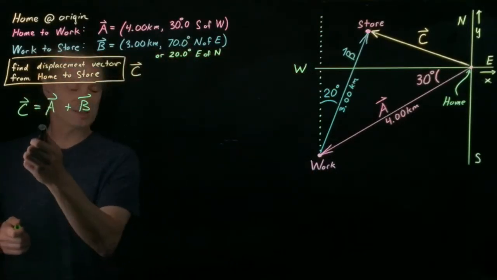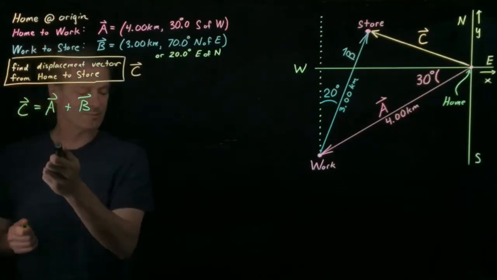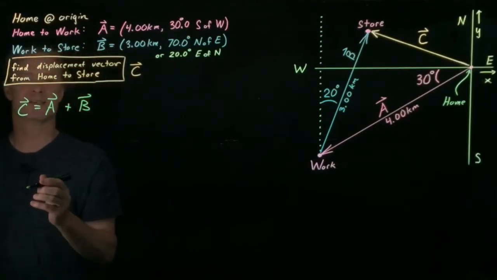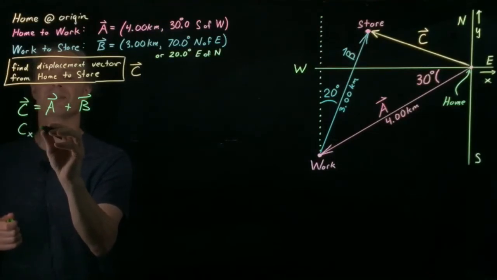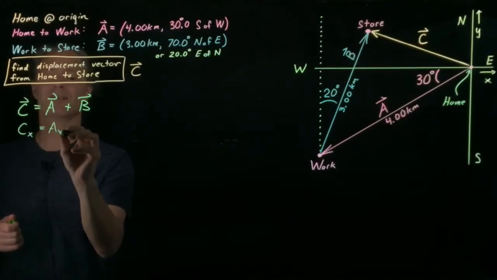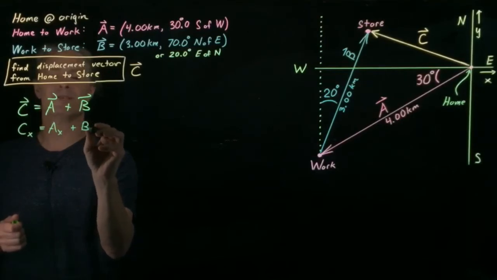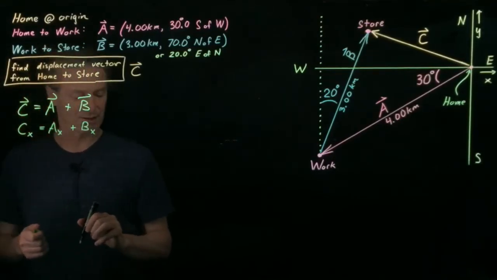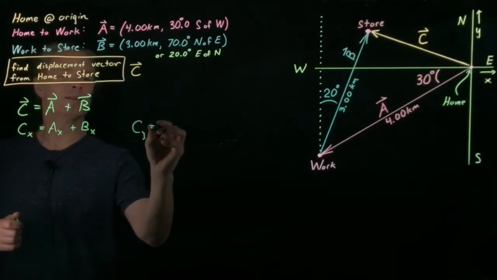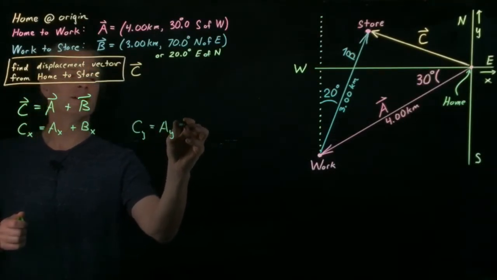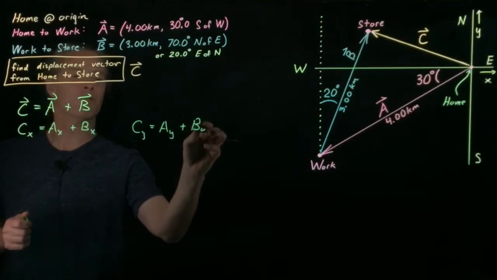So if vector C is vector A plus vector B, I can also write that same thing for the components. So C sub x equals A sub x plus B sub x. And I can also write C sub y equals A sub y plus B sub y.